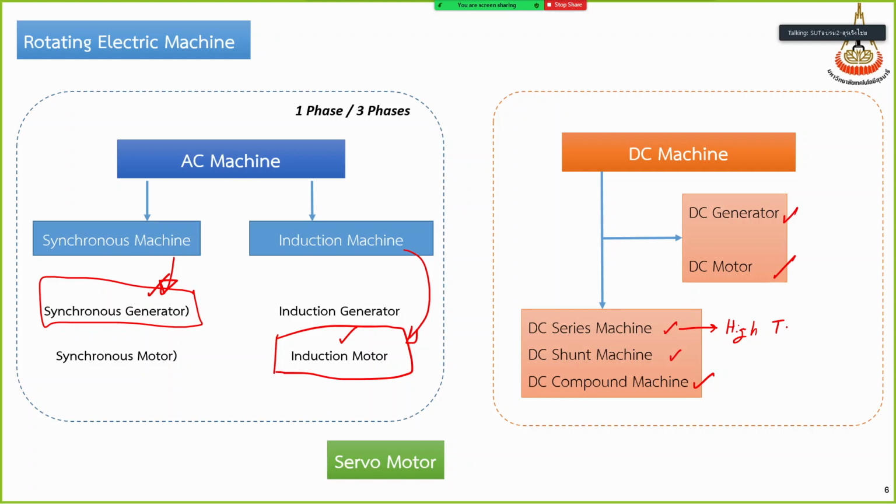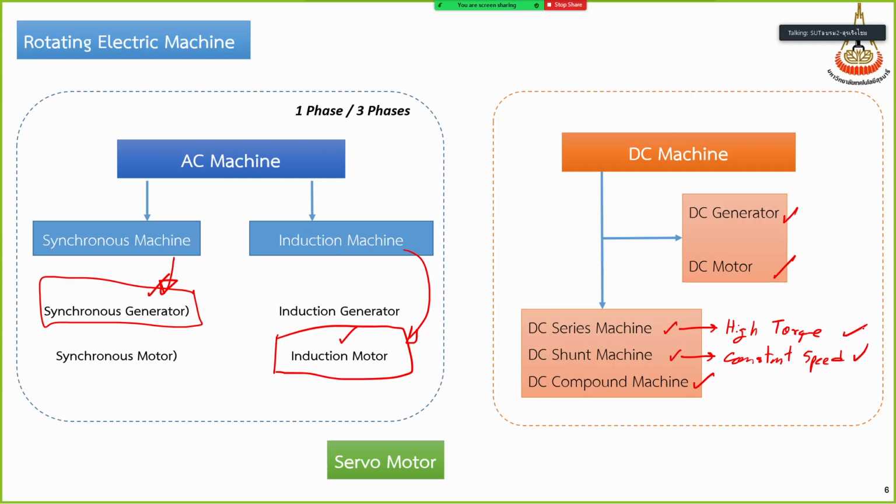But shunt machine will provide you more constant speed. So if you need something that needs to punch very hard but doesn't need a constant speed, right? Maybe a punching machine, for example, or crunching machine, maybe you need a series machine.